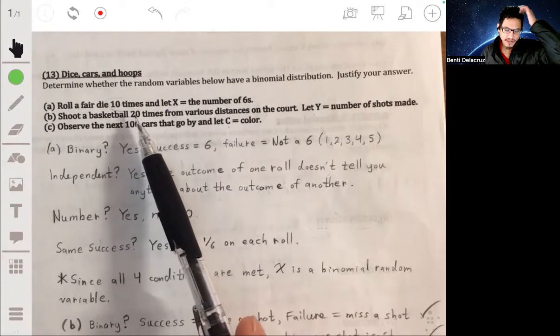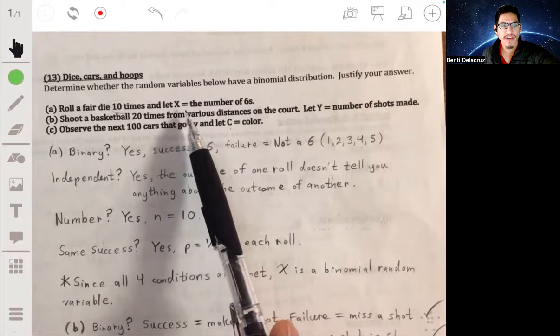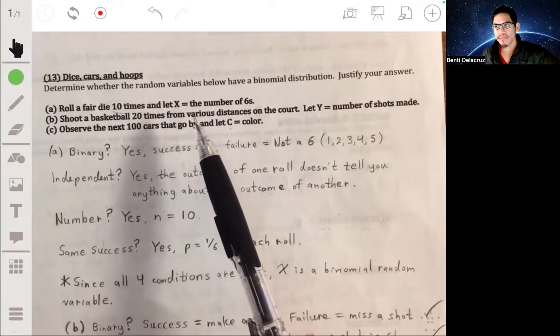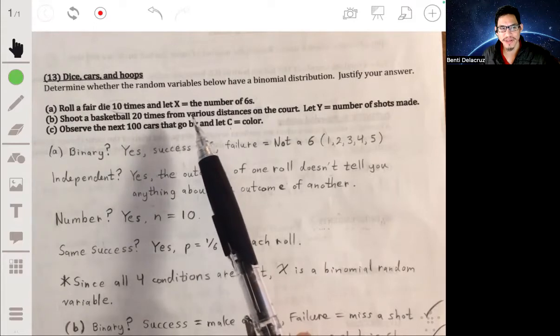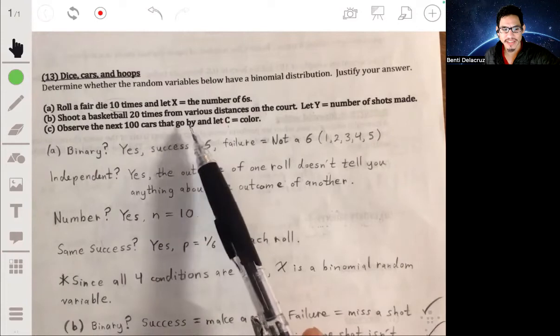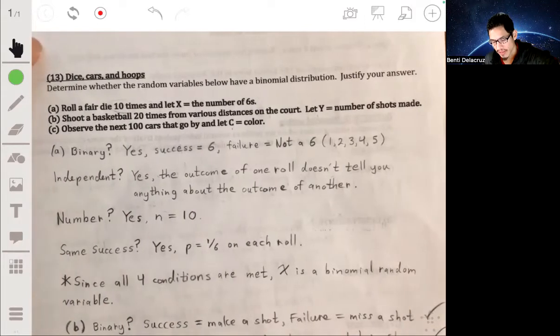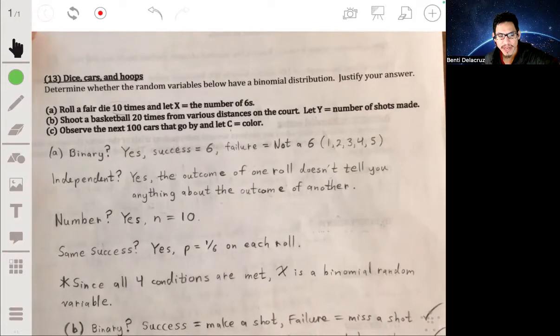Now, is the independence condition met? Is your chance of making a shot going to be affected by whether or not you made the previous shot? Technically, it shouldn't be. You can argue in real life, people like to say they get on fire if they're making shots because they get more confidence. But technically, if you make a 3-pointer, it's not going to change your chance of making the next 3-pointer, because each shot is independent.